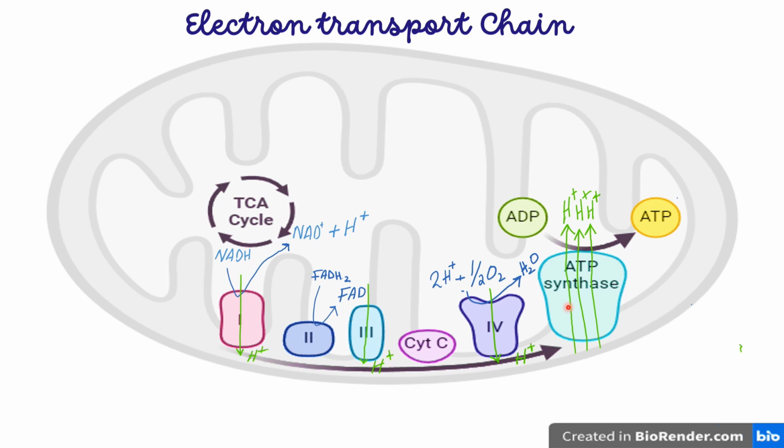So that's how these reducing NADH and FADH2 will be utilized to produce ATP in the mitochondria of cells.